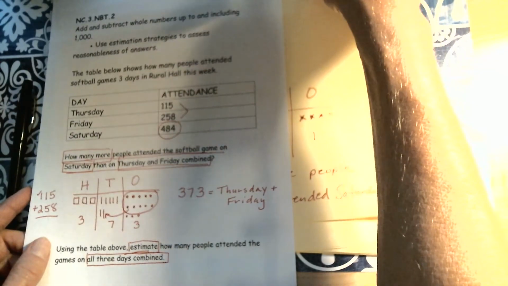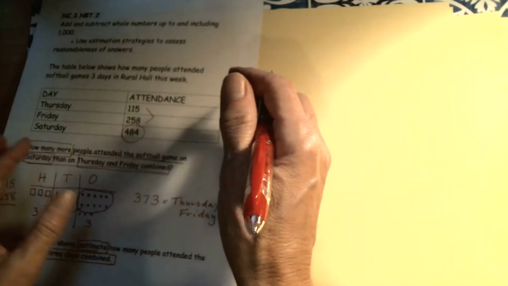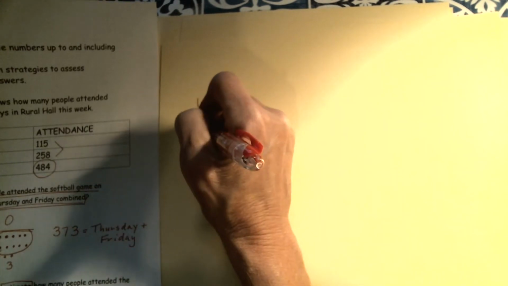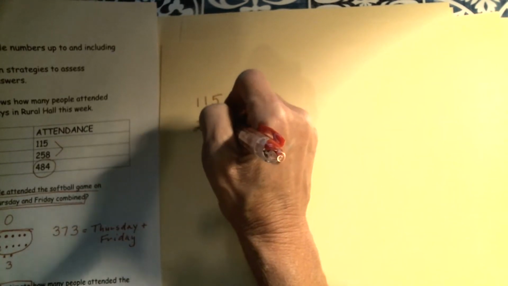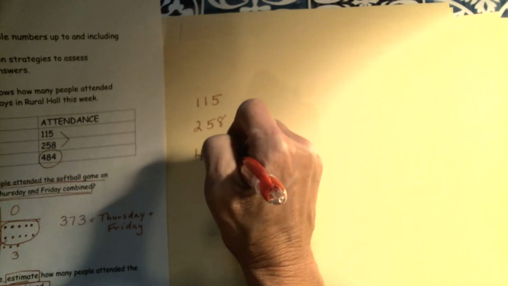So I'm going to take a clean piece of paper and show you how you can estimate. I have 115, 258, and 484.